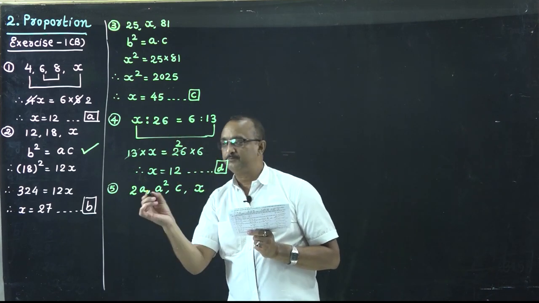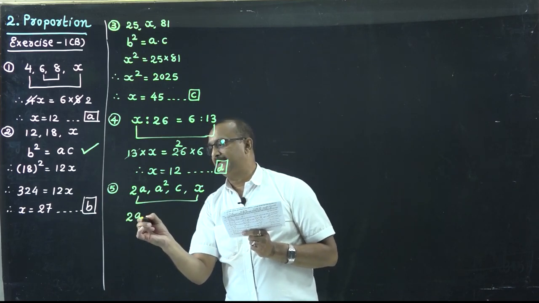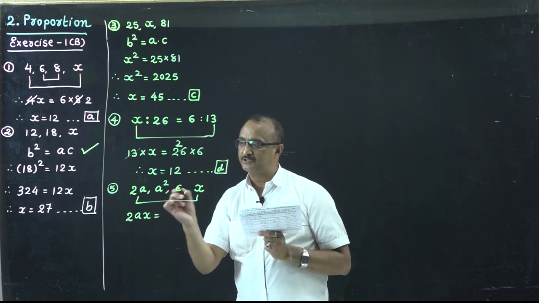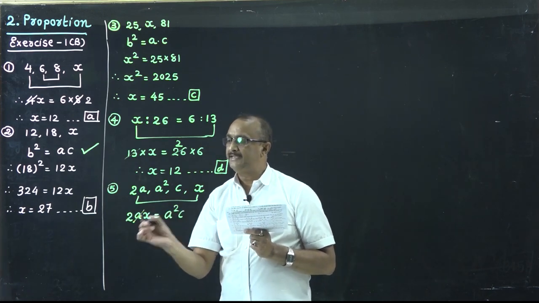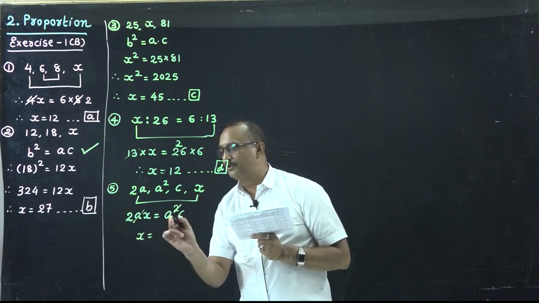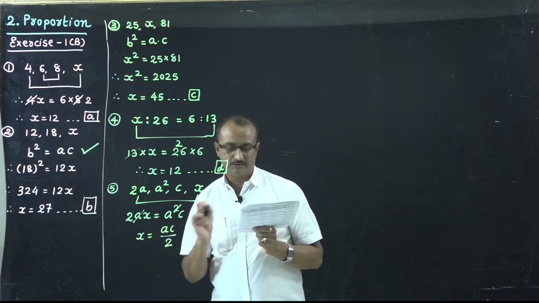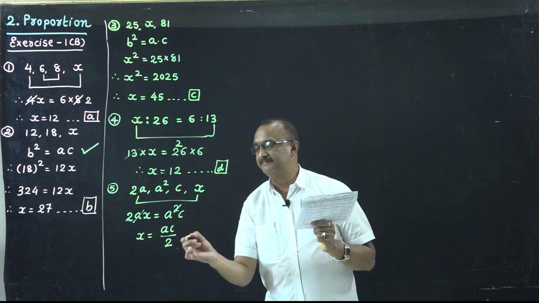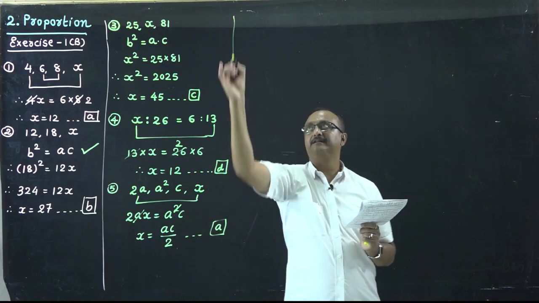Again, what is our formula? Product of extremes. 2ax is equals to product of midterms, a square c. So a cancel and x is equals to what? ac divided by what? 2. Okay, and it is given in option A. So option A is our correct answer.